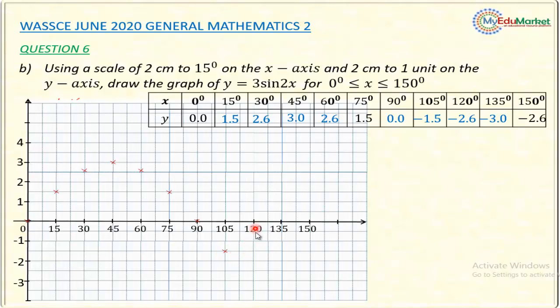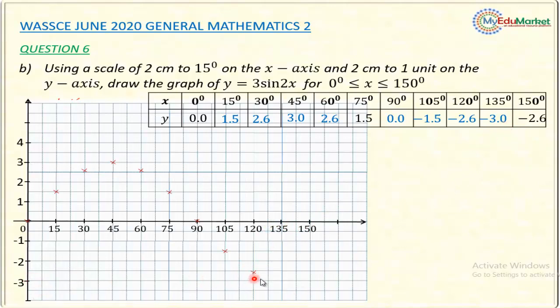Next is x 120, y minus 2.6. Minus 2.6 is just one division below minus 2.5, so it's going to be somewhere here, so I'm going to make that mark. Look at it. So next is 135, and y is minus 3.0.